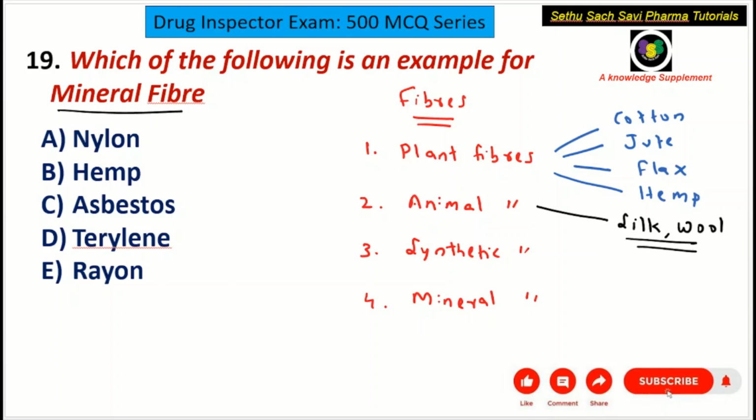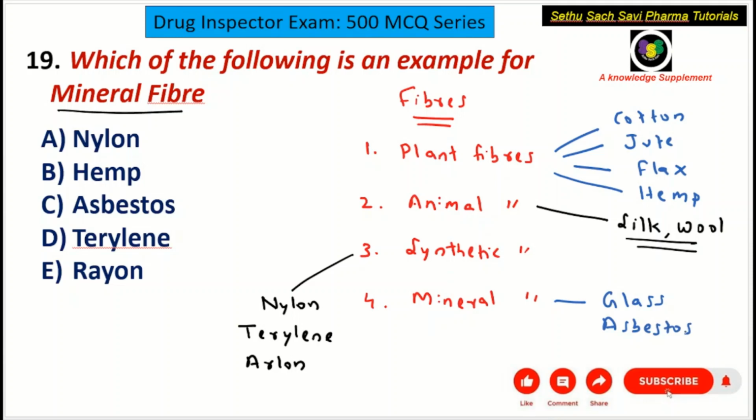Nylon, terylene and orlon belong to the synthetic fiber category. Whereas glass as well as asbestos belong to the mineral fiber category. So you need to remember plant fibers, animal fibers, synthetic fibers and mineral fibers, and glass and asbestos are examples for mineral fiber.